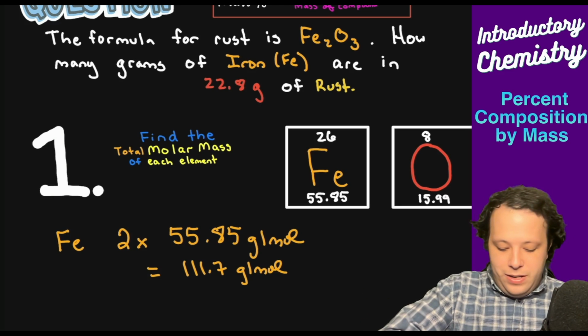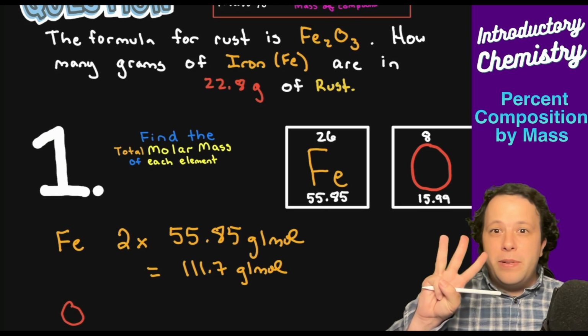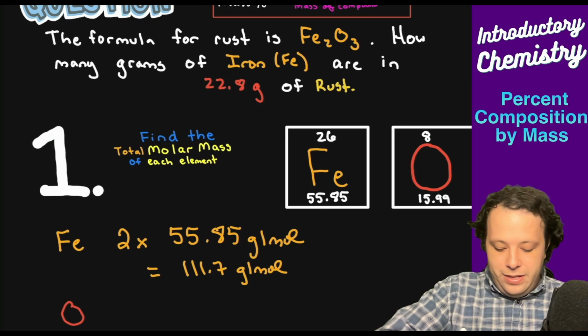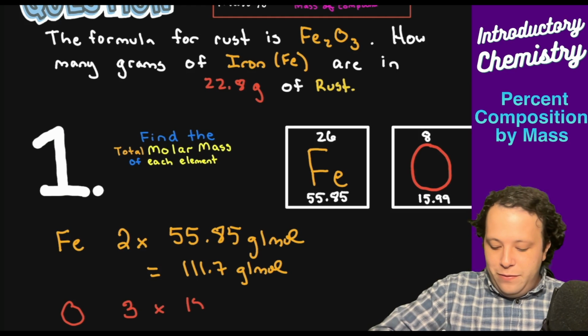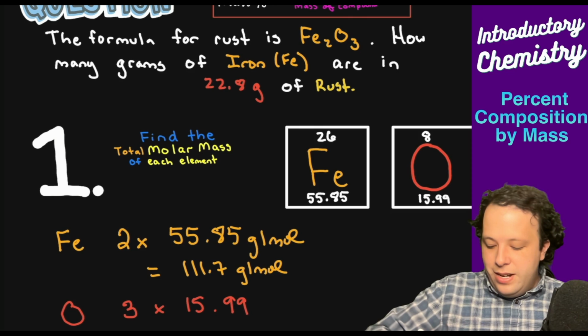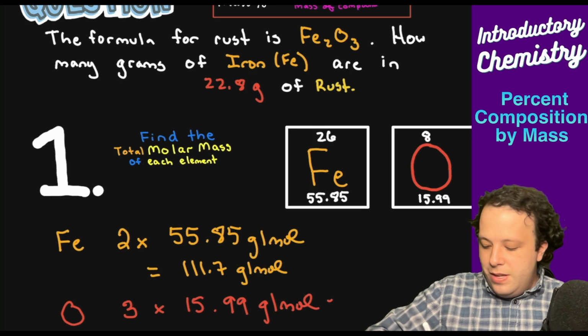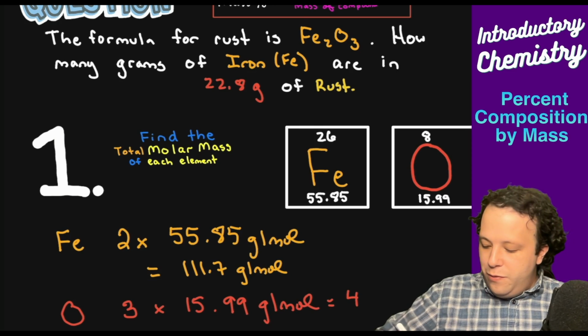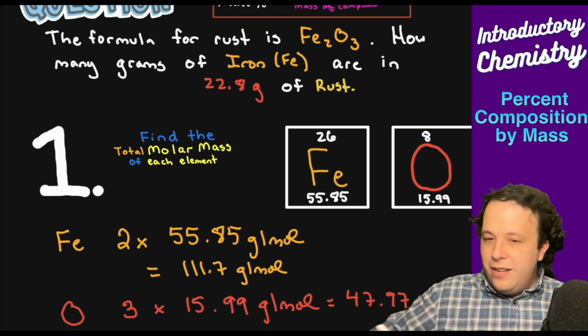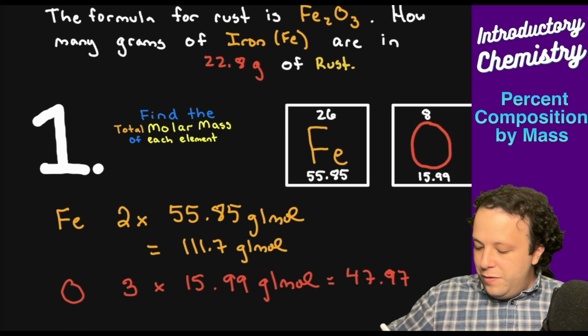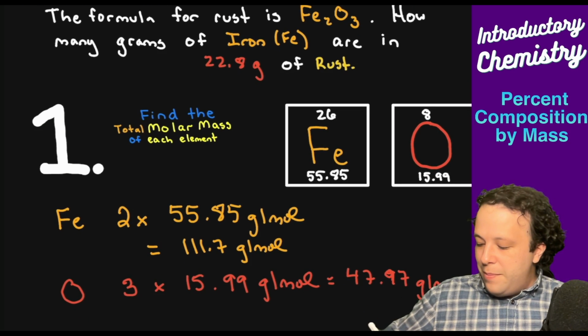The second part is oxygen, and we have a subscript of 3 in this compound. So we have 3 times 15.99 grams per mole, and we get 47.97 grams per mole for that part.